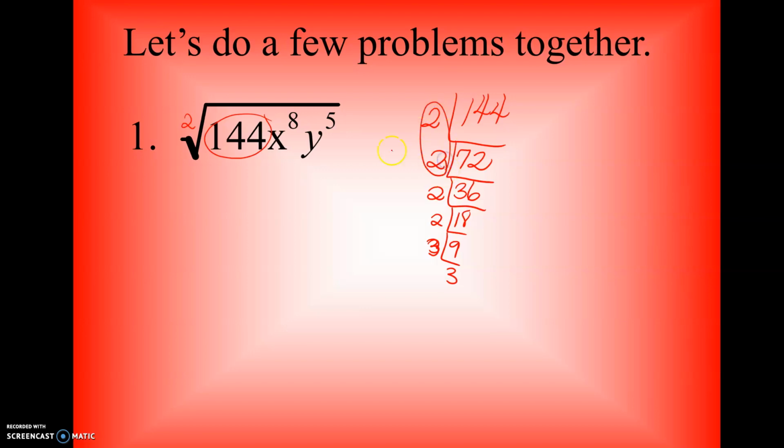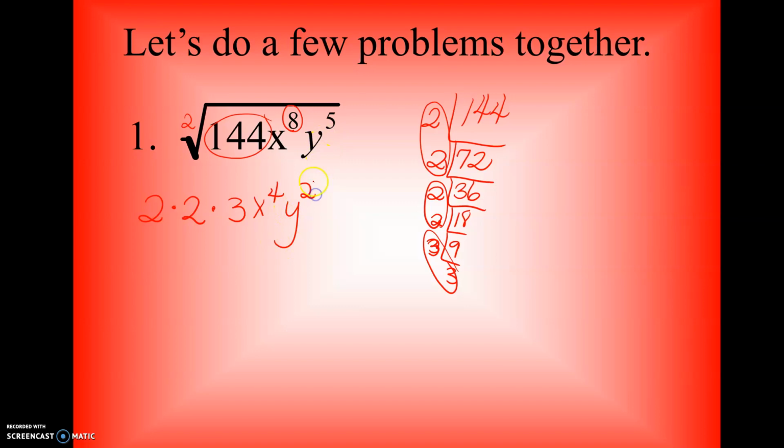There's a pair of 2s, so they go out. Here's a pair of 2s, so it goes out. And here's a pair of 3s, so they go out. Right? And then I'm going to take my powers and divide by 2. So this would be x to the 4th, because 8 divided by 2 is 4. Now when I take y divided by 2, I wouldn't want to do y to the 2.5, but 2 will go in there twice.